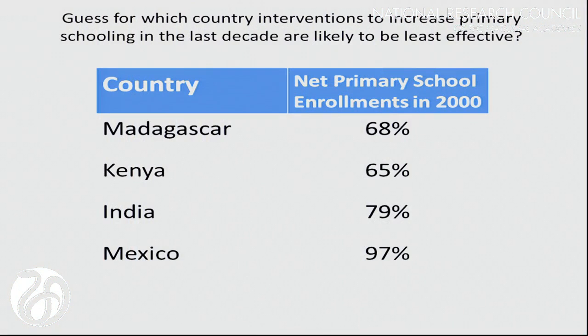Which of these 4 countries are you going to have the least impact on primary schooling enrollment? It has to depend upon where you start. If you start with 97% primary enrollment rates, you're not going to have much impact. Is that a surprise? Does that take an MIT economist? In terms of honest disclosure, I should say I have a PhD in economics from MIT.